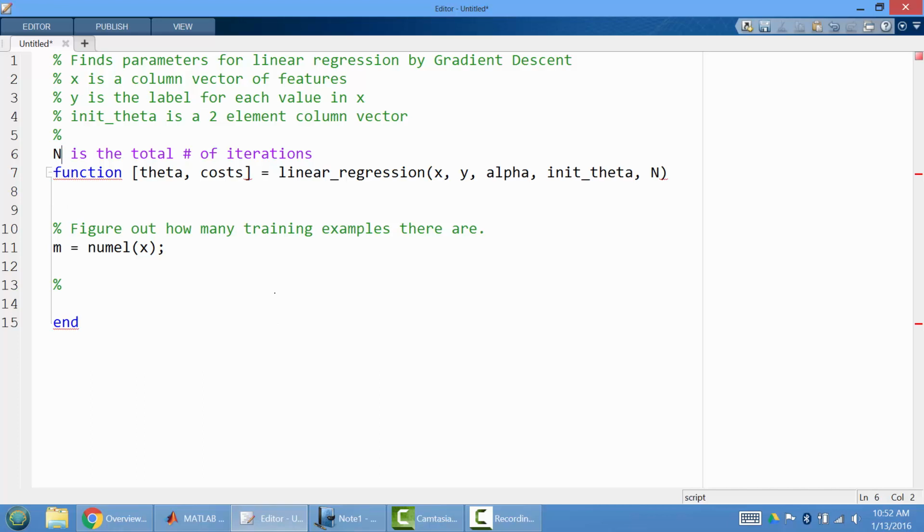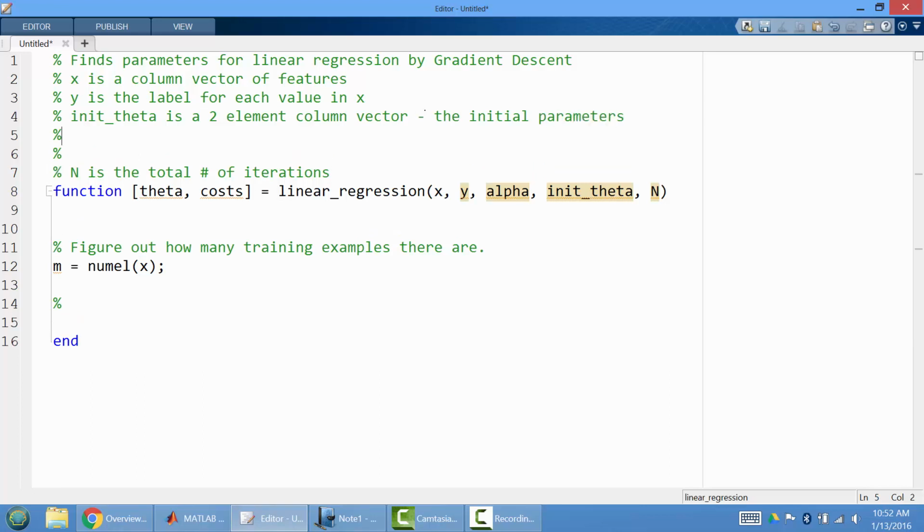So x is a column vector of features, and y is the label for each value in x. Theta is a two-element vector, the initial theta to use, or the initial parameters to use. I'm almost done, it's only going to take a couple more minutes. And n is the total number of iterations.